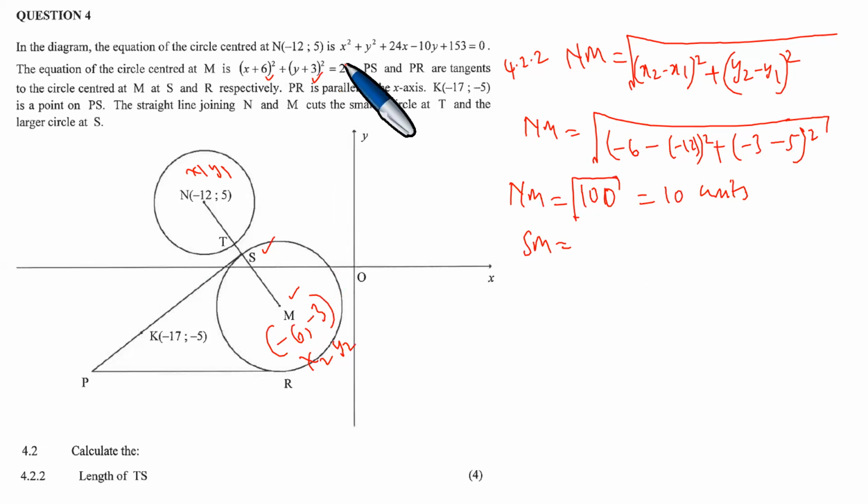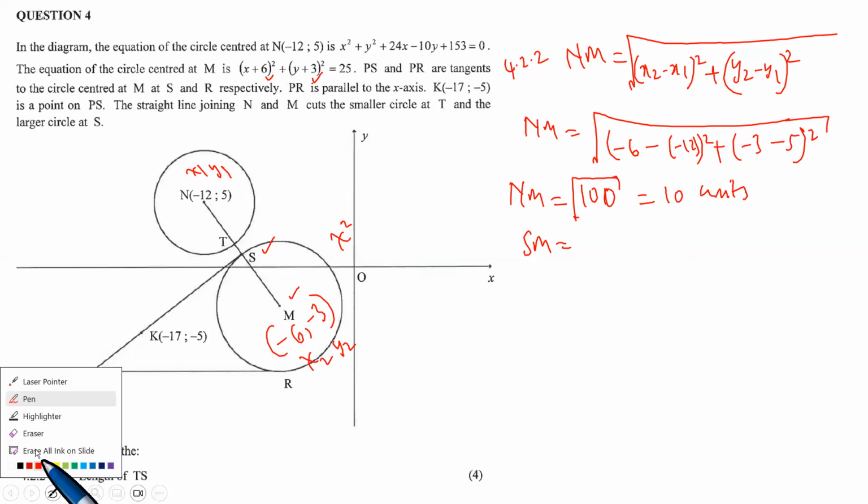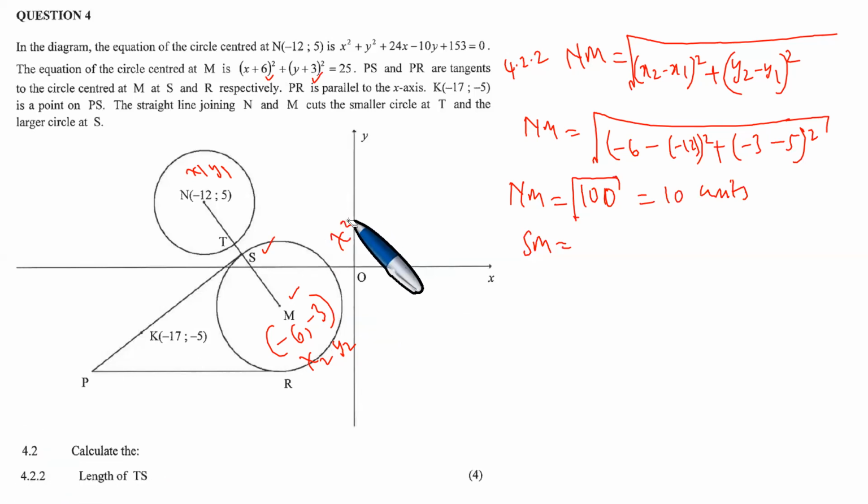Right, from the fact that the equation of the circle centered at M is x plus 6 all squared plus y plus 3 all squared is 5 squared.